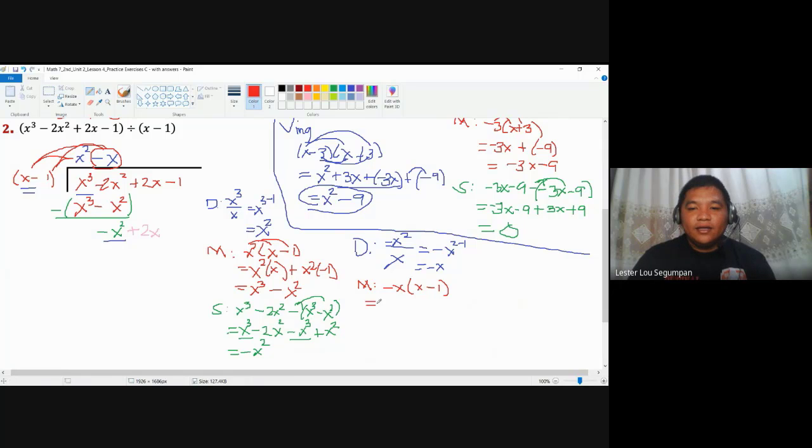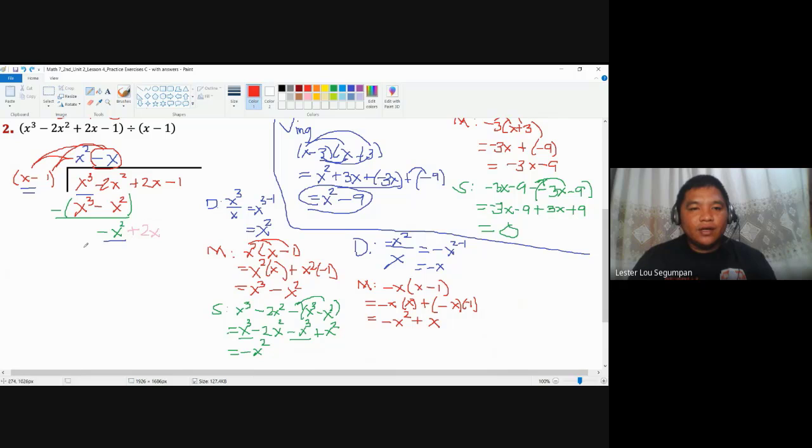And then distribute that. So negative x times x, again let's use plus as a separator, negative x times negative 1. So negative x times x is negative x squared. Then 1 times x is x, and then you have two negative numbers, so simply plus x. That is what we're going to place here.